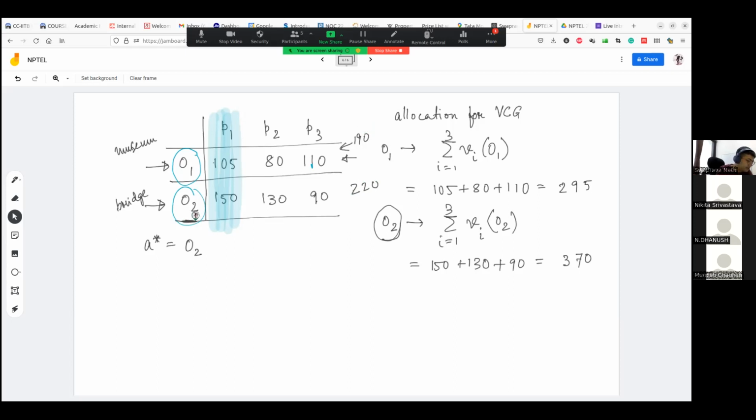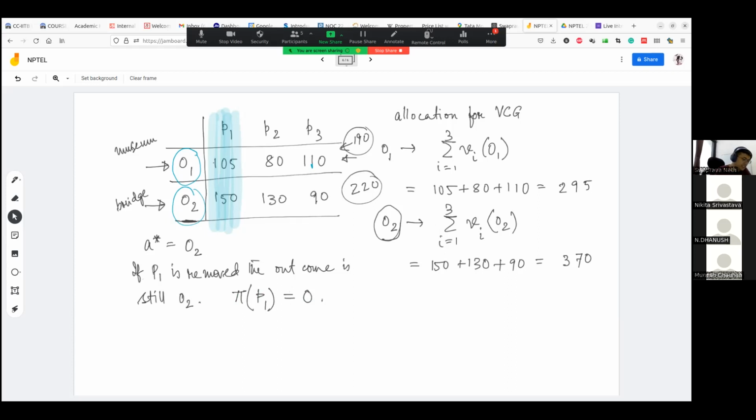If P1 is removed, the outcome is still O2, because this is higher than this one. So in some sense, player 1 is not a pivotal player. That is one way of interpreting. So player 1's payment, denote it pi of player 1, is going to be 0.